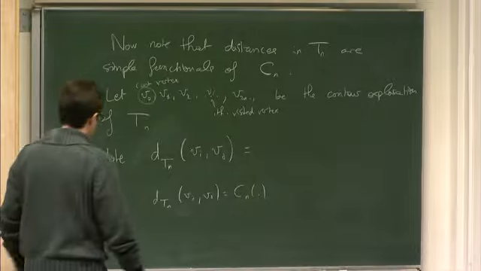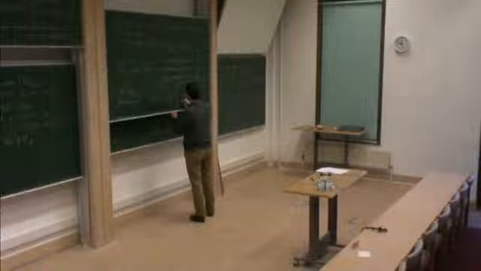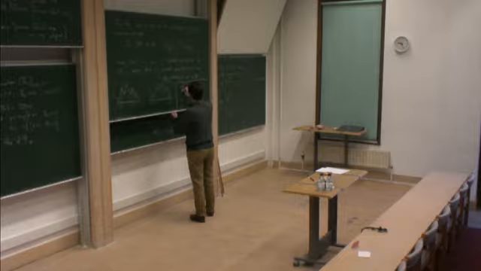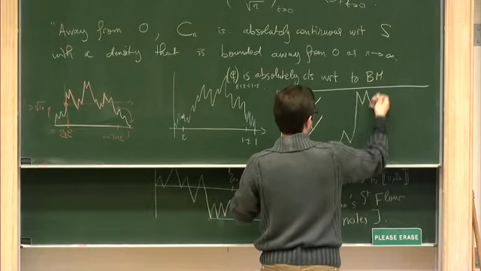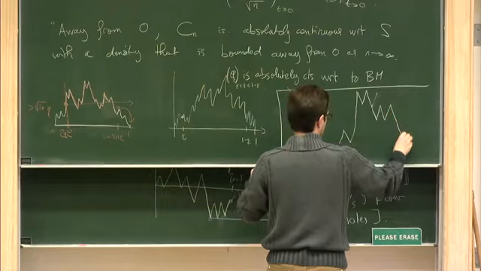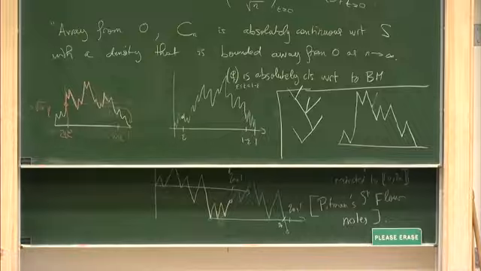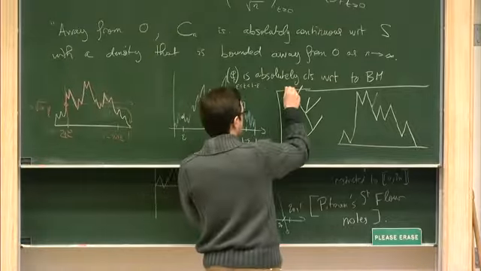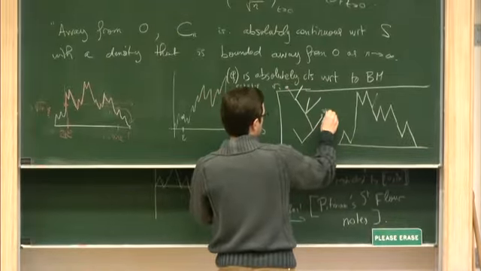Now maybe I need a little picture here. Let's take, for instance, this tree and the contour process. And let's look at the distance between this Vi and this Vj.